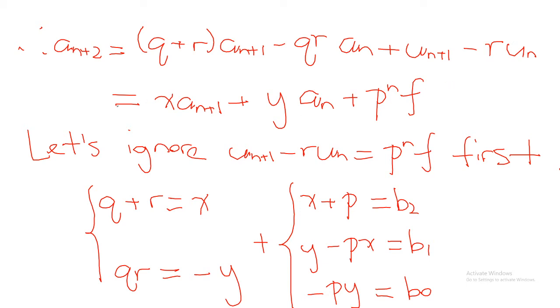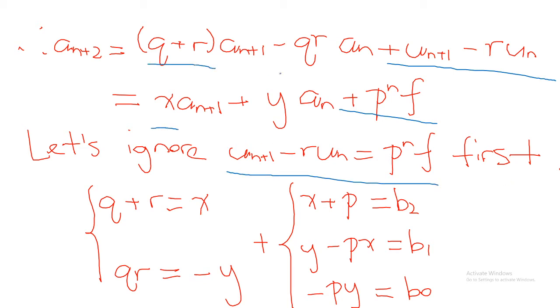And that is identical to x times An plus 1 plus y times An plus p to the nth power times f. So let's just politely ignore this part and this part for now, and just know that they are identical. We want to try to do the equation for these two parts first. So q plus r is x, and q times r is negative y. And we have another set of equations: x plus p is b2, y minus px is b1, and minus py is b0.